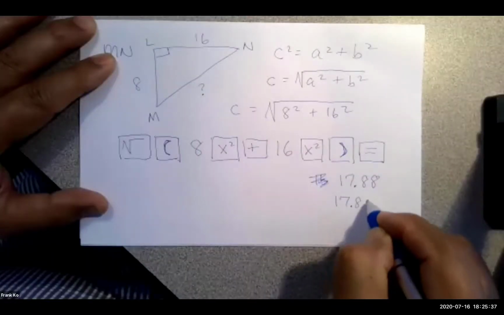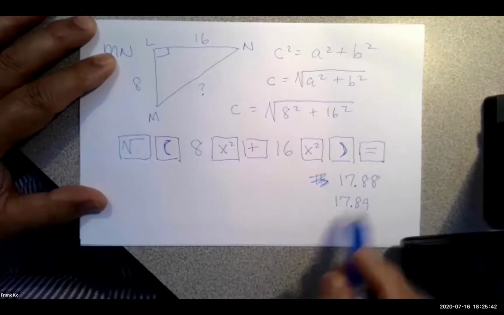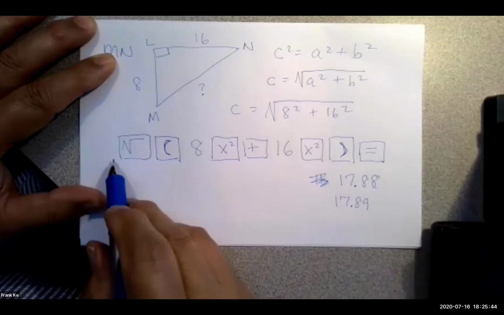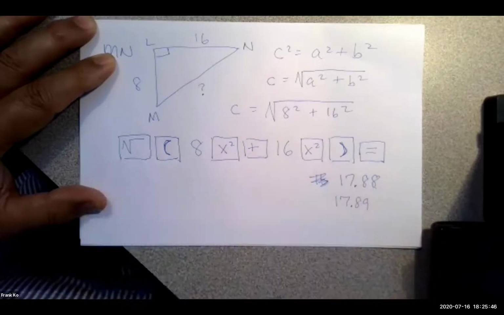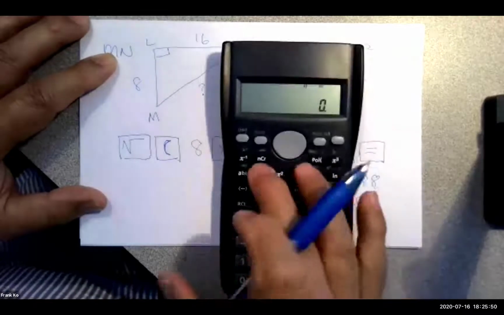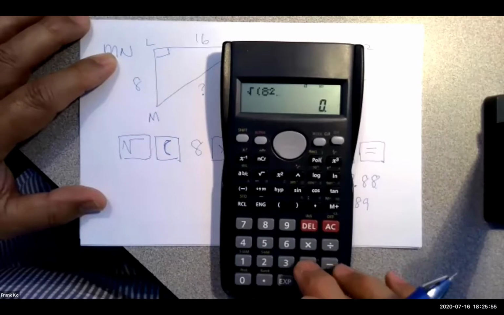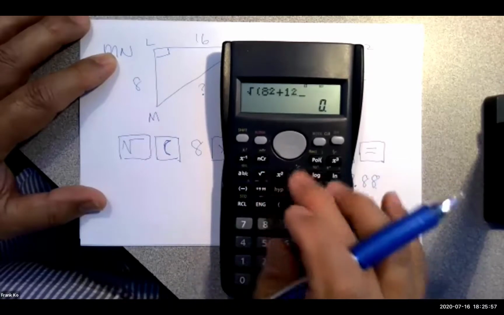All right, 17.89. And so you've got to be careful. You can't be off by that hundredth of a digit on a simple calculation like this if it's a rounding error. So let me just double check that. Square root, open parentheses, 8 squared plus 16 squared.